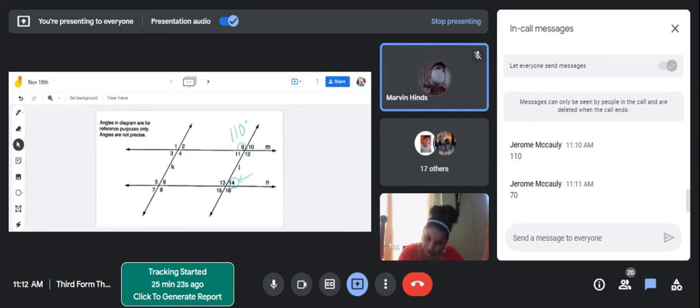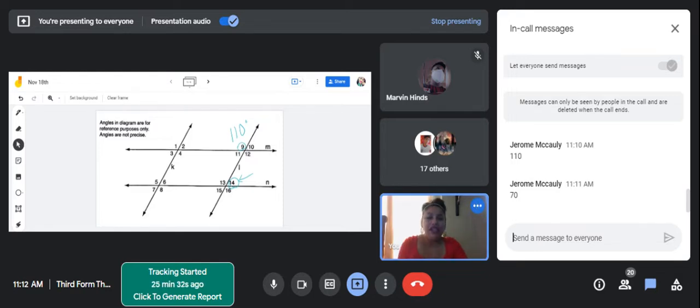Vertical angles. It's not a vertical angle either. For it to be alternating angle, it has to measure exactly the same, because they are in the opposite position.